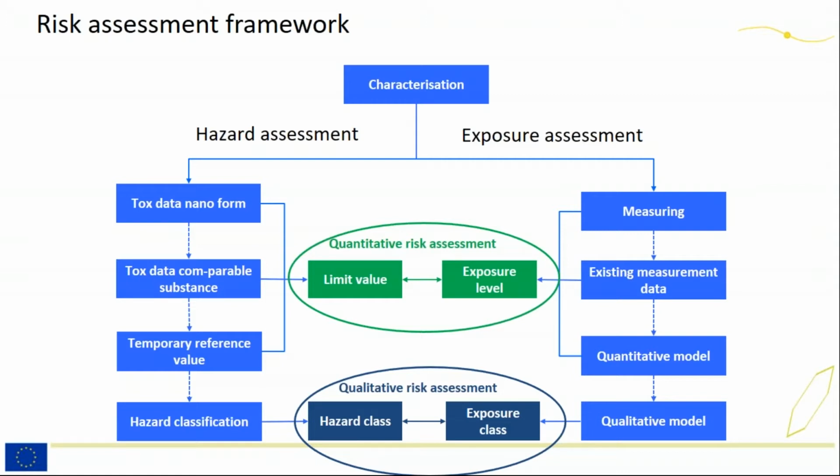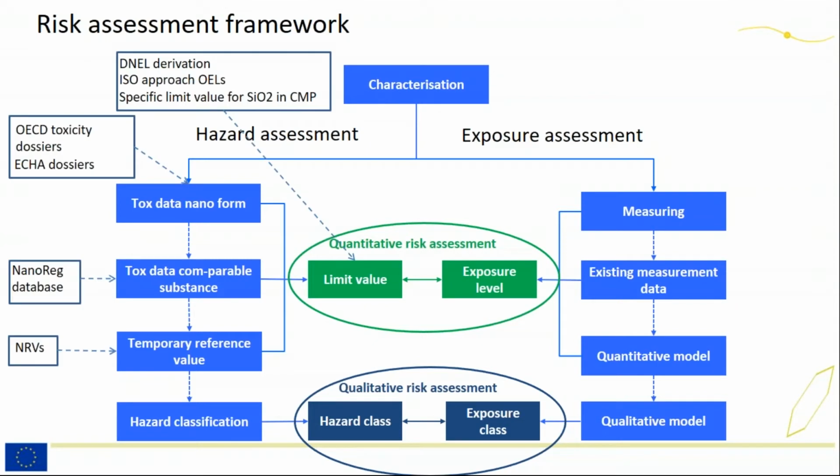To find out how we could use this for NanoStream, we did an inventory of available tools that do something with nano risk assessment. So we found quite a lot for hazard assessment, differing in dossiers with toxicity data, databases with toxicity data, reference values, and also approaches how to derive occupational exposure limits from these toxicity data.